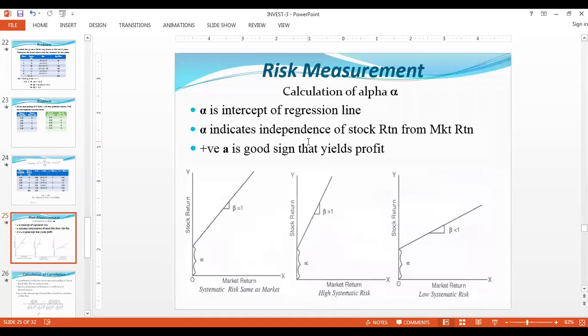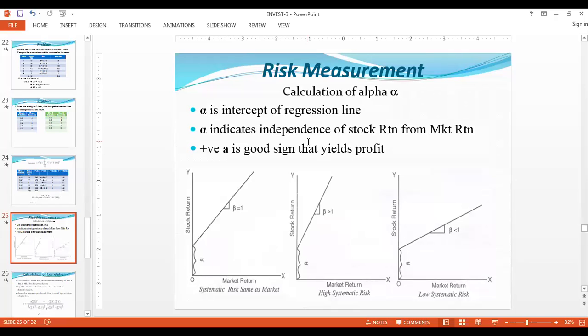Compared to the index, how strong is your share? Is your share very strong, or very weak? We can also interpret it as: is your share moving along with the index, or moving away from the index? If we have to estimate this, there is a parameter called beta. So we have to estimate the beta calculations for this particular segment.